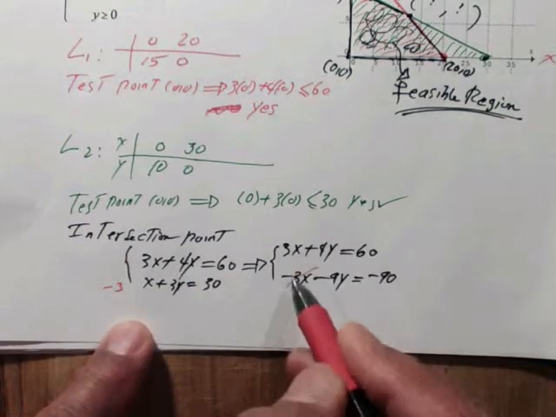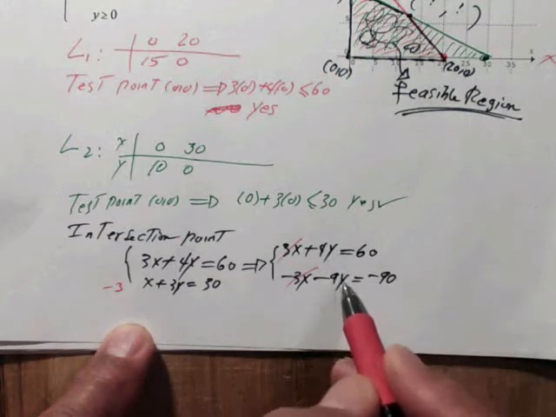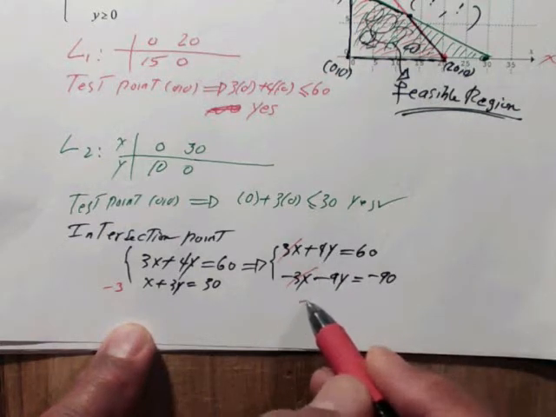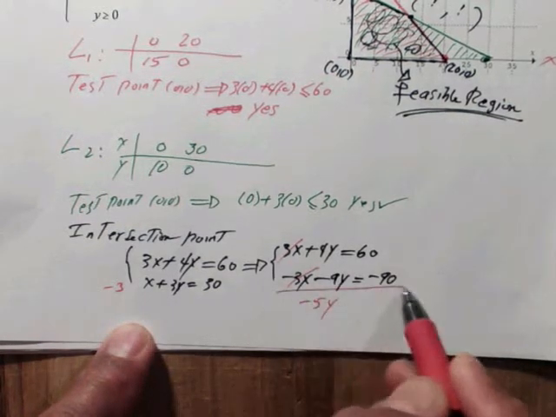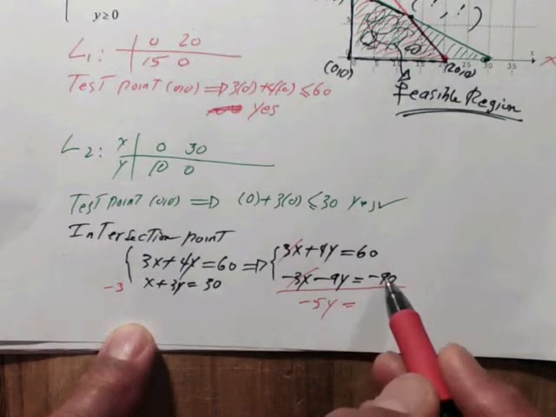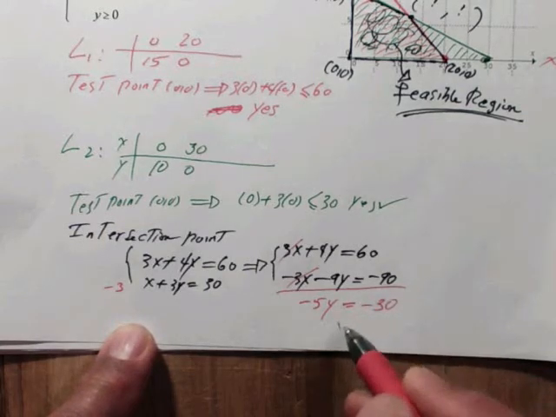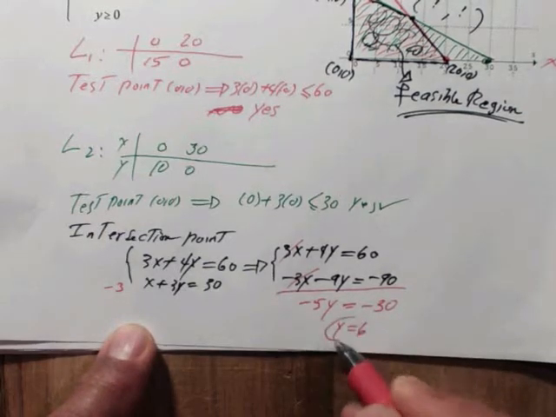Then this cancels this. Negative 9y plus 4y, you get negative 5y, equal to negative 90 plus 60, which gives negative 30. So y is equal to 6.